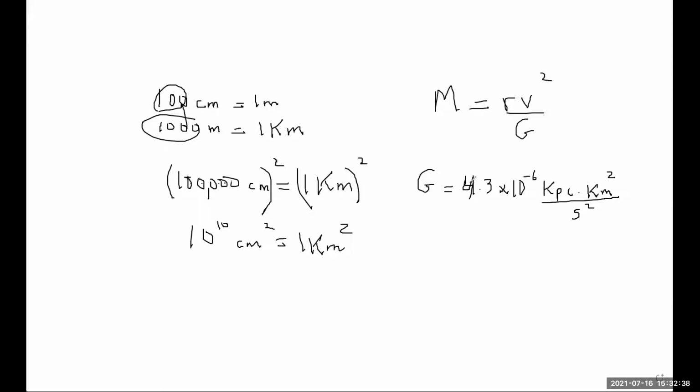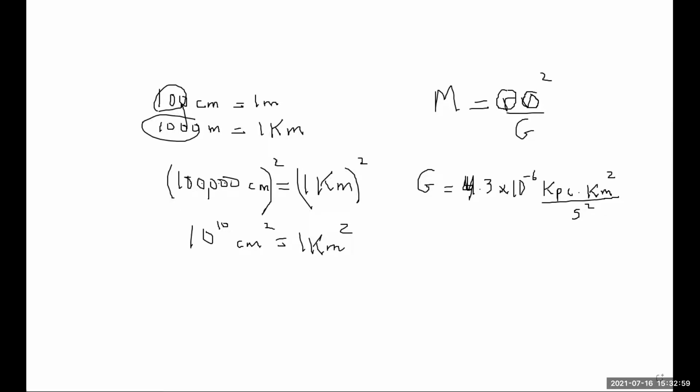Well, if they give you the radius in kiloparsec and they give you the velocity, and I believe there's also here, what was the units of the G? I should have written it down from the beginning.